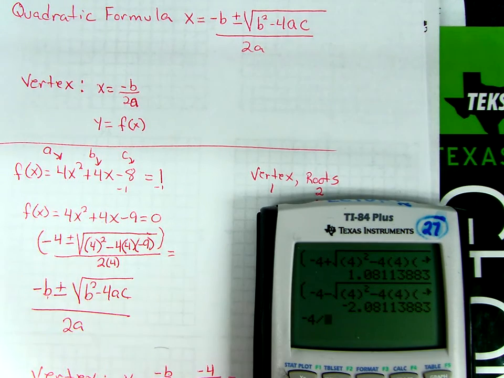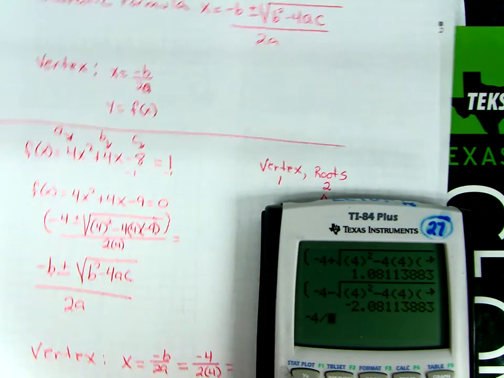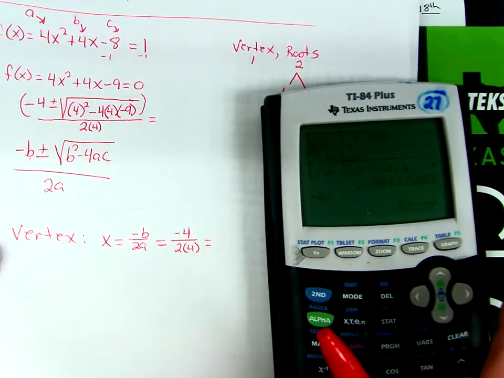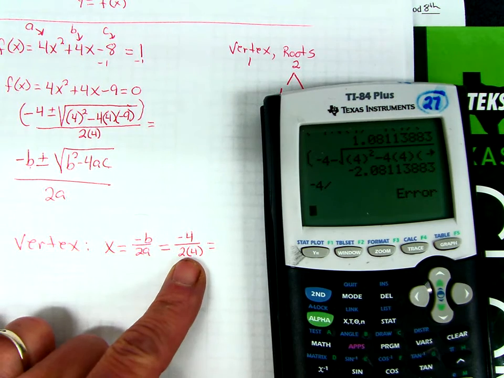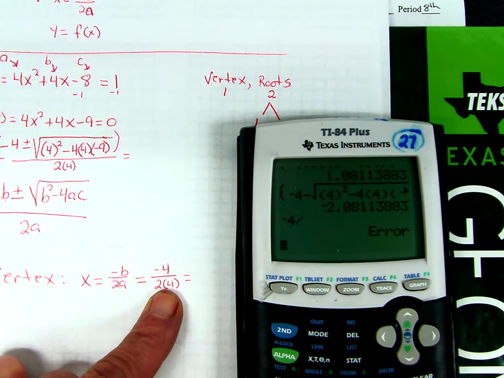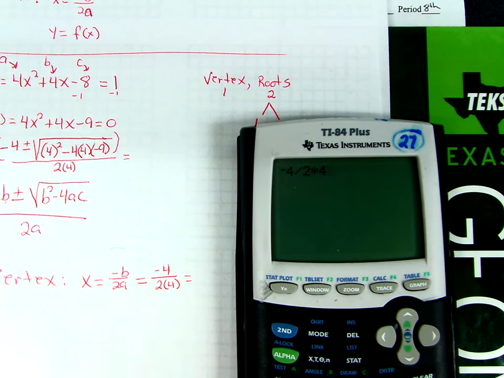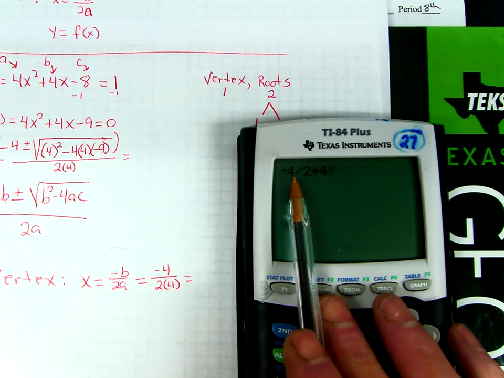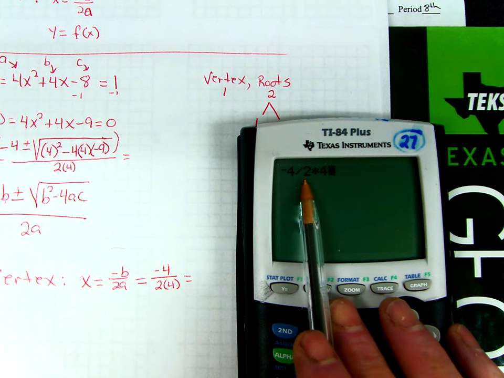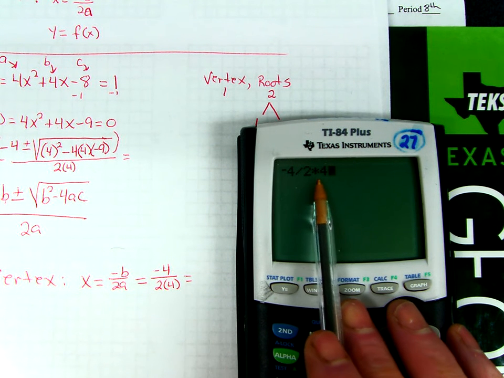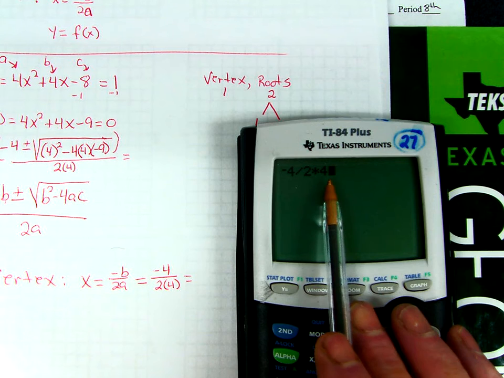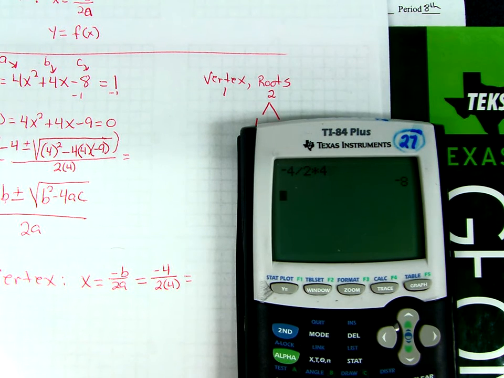Now I'm going to show you why that is wrong if you go ahead and type that into the calculator. If you type this into the calculator as 2 times 4, you'll need to include parentheses. So if I do negative 4 divided by 2 times 4, the calculator is going to divide negative 4 by 2 first, and it will give me negative 2. Then it will multiply by positive 4, which will give me negative 8.